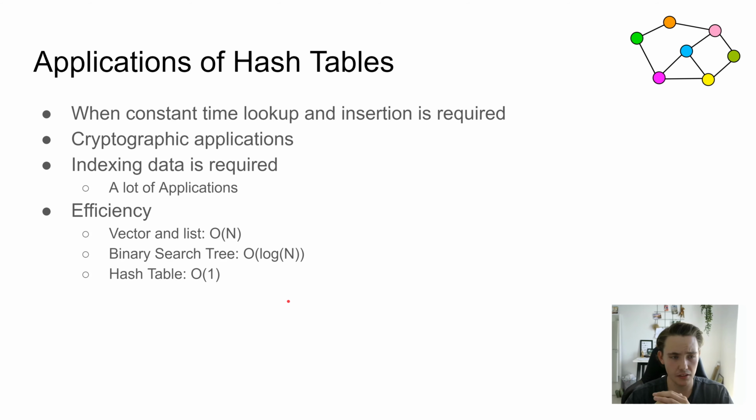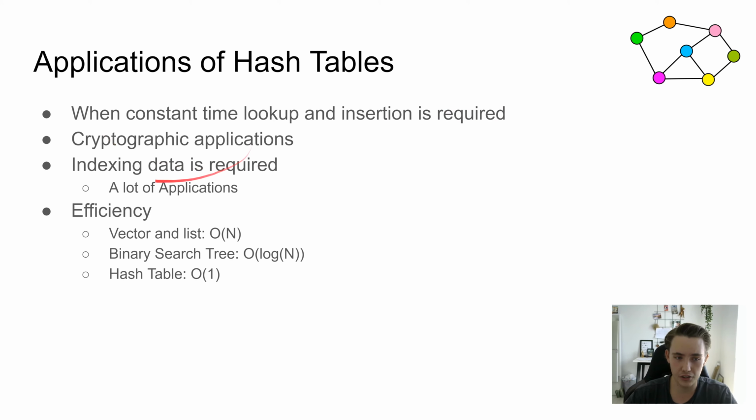Last in our slides here are some applications of hash tables and when we use them. I said earlier in the video that hash tables are one of the most used data structures when we are operating with larger data sets. Using a hash table is good when constant time lookup and insertion is required, and that is a lot of the time and in many cases.